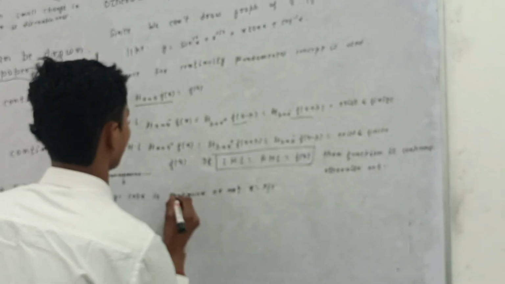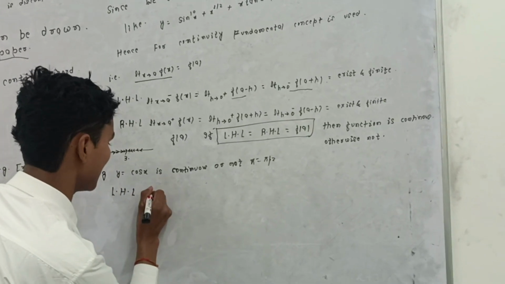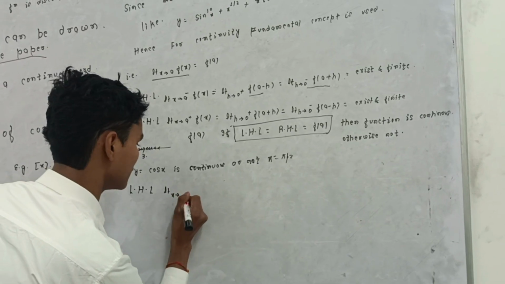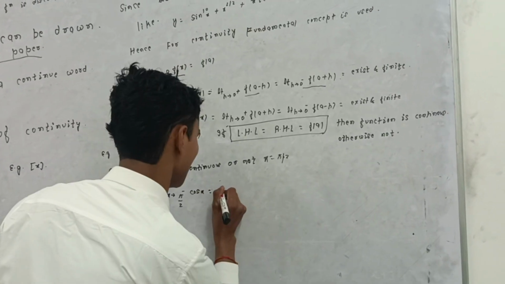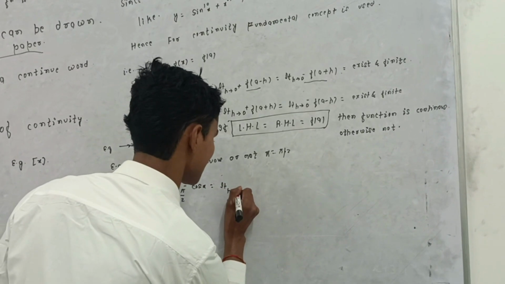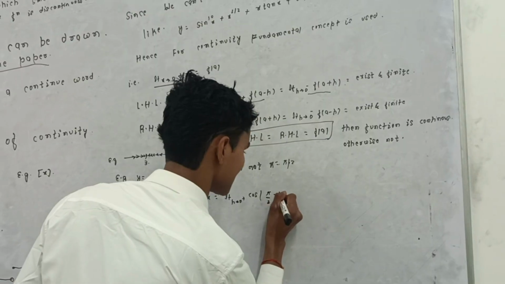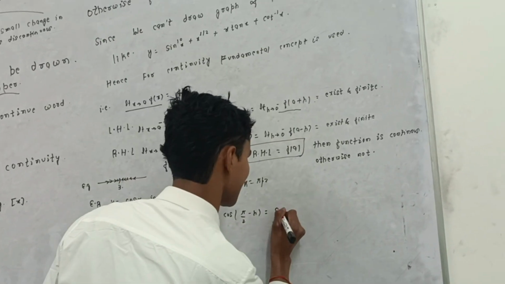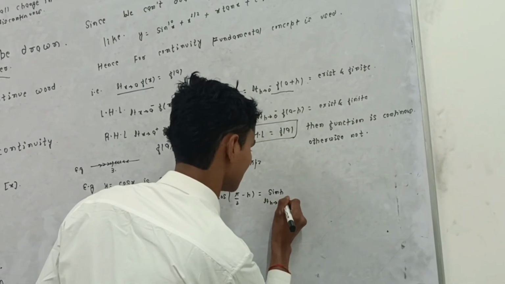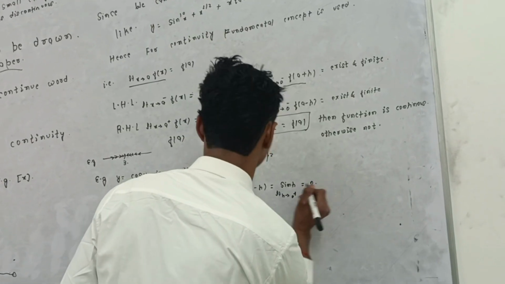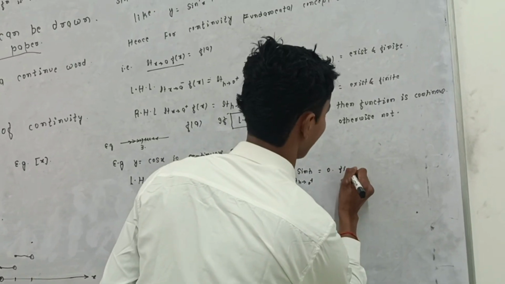Firstly the left hand limit, LHL: limit x tends to pi by 2 minus cos x, that is limit h tends to 0 plus cos(pi by 2 minus h) is equal to sin h, limit h tends to 0 plus, which is 0. This is a finite quantity and it exists.